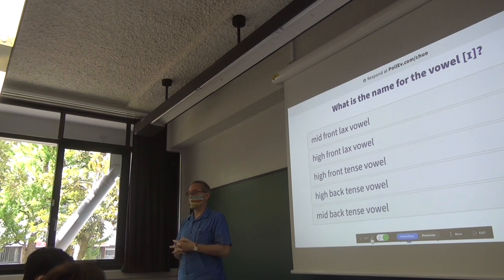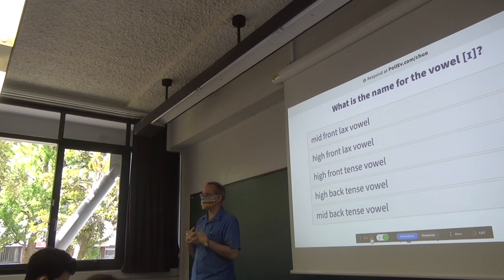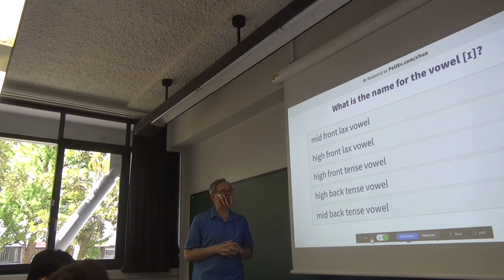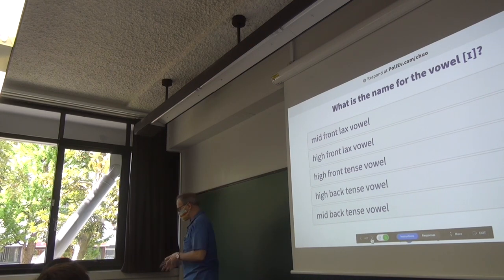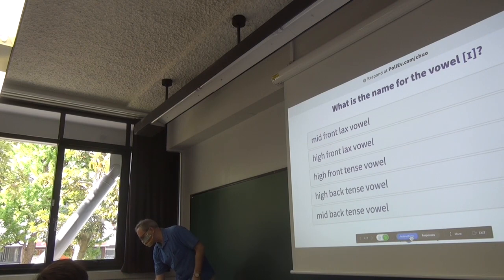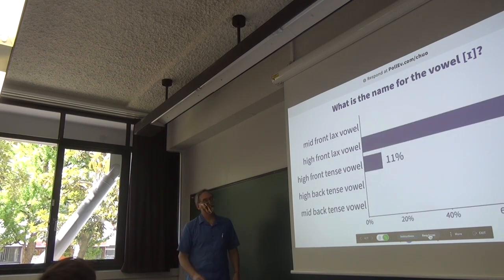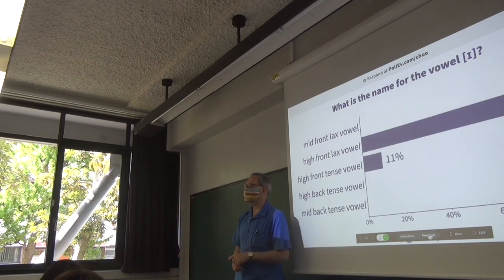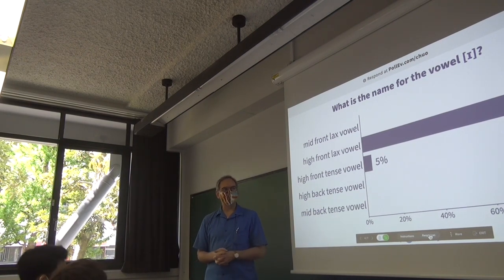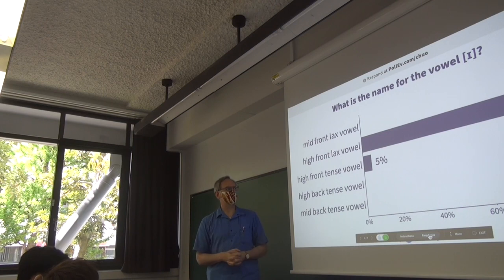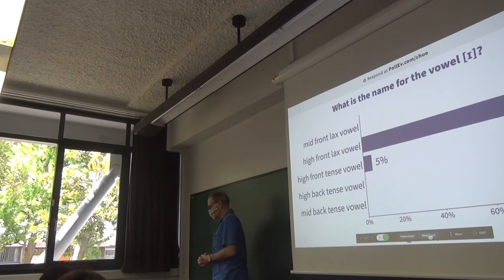Each vowel can be described by the place and manner in the mouth where it's pronounced. And the vowel I is a high front lax vowel. I, at the beginning of the word if, in.